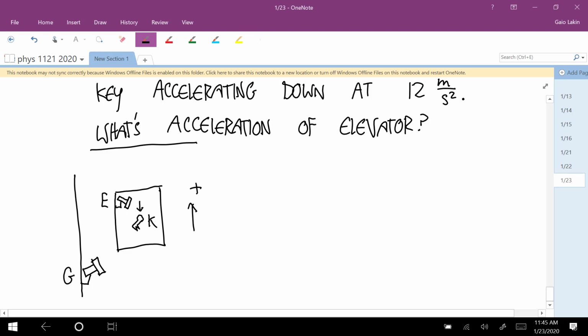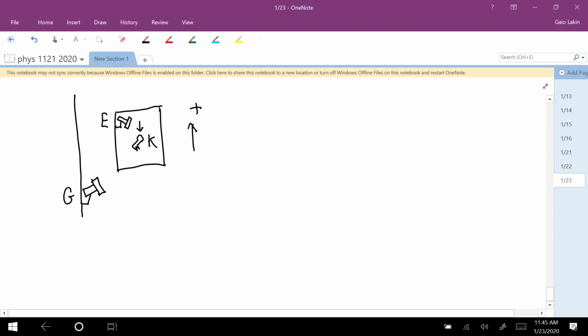All right, well, we're dealing with accelerations, so we want to use the acceleration equation that says the acceleration of the keys relative to the ground is equal to the acceleration of the keys relative to the elevator plus the acceleration of the elevator relative to the ground.